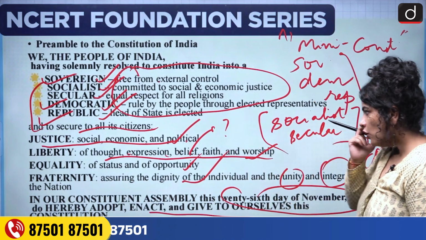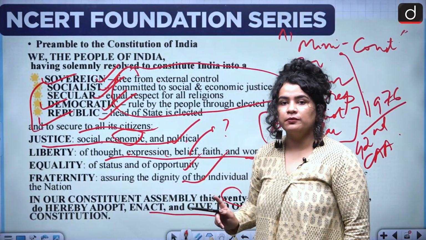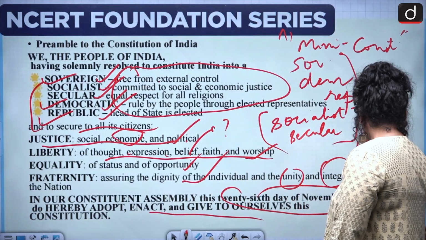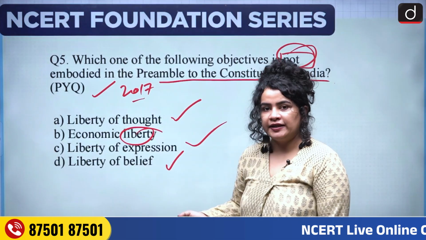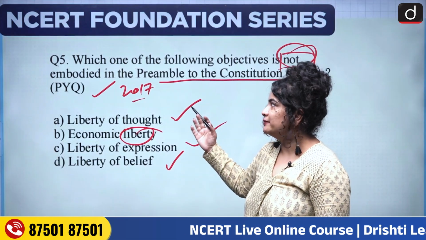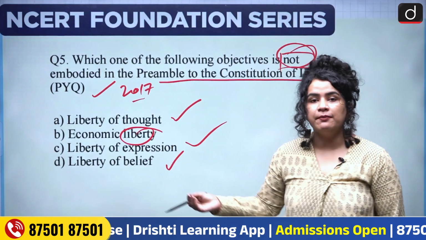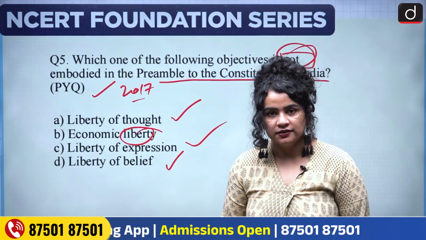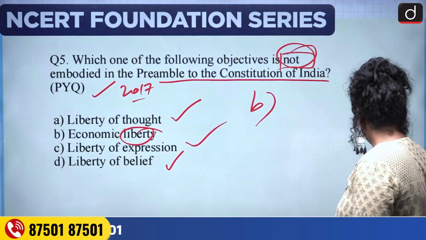Okay? It's talked about justice. It has talked about economic justice, but not about economic liberty. Now, this is a very simple question if you remember your preamble very correctly, but also some of us may get confused simply by virtue of the fact that the preamble does talk about economic justice. Okay, so we have our answer, which is option B.